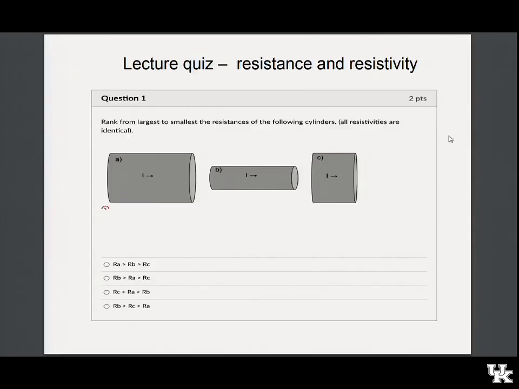So greatest resistance is B, intermediate resistance is A, and smallest resistance is C. That's all about how length and cross-section play into the geometry and determine the resistance.